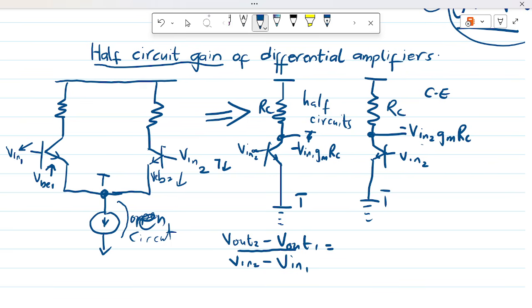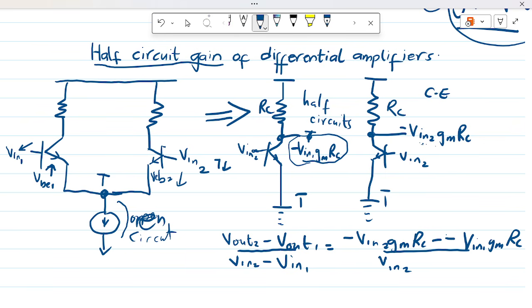Okay, so we have our differential output here: minus Vin2 gm RC, minus this, which is minus Vin1 gm RC, all over the differential input Vin2 minus Vin1.